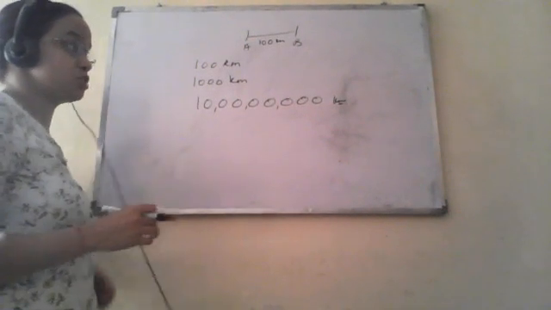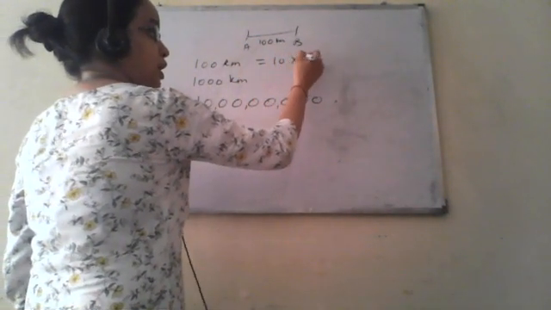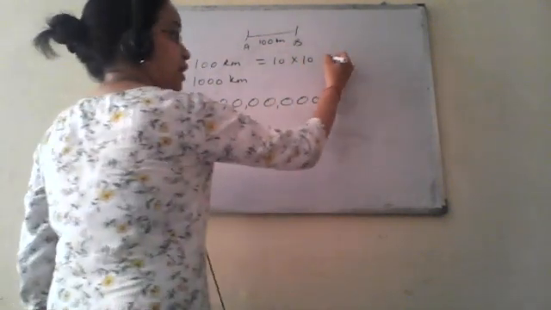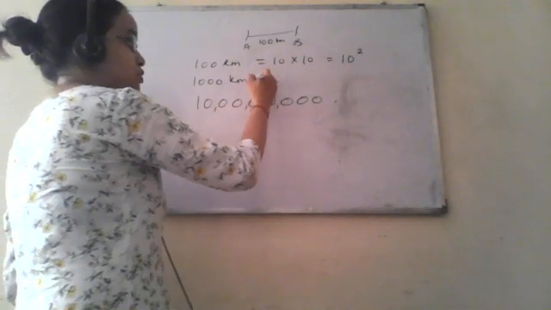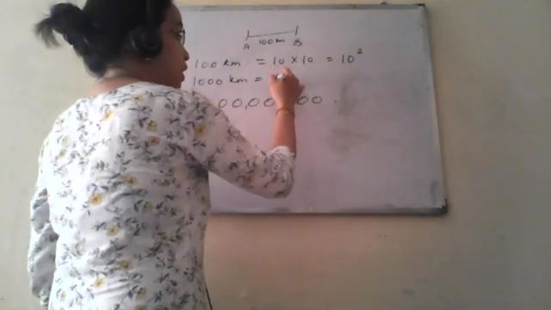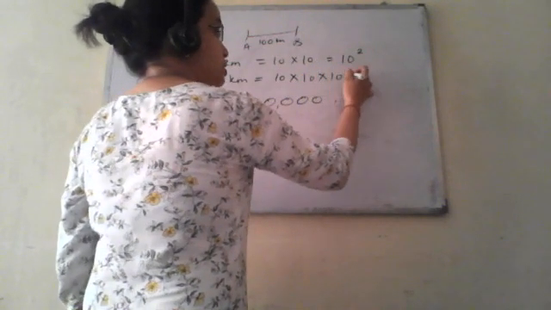Now what is exponential form? See, this 100 can be written as 10 into 10, or simply we can write it as 10 to the power 2. This 1000 can be written as 10 into 10 into 10, that is 10 to the power 3.